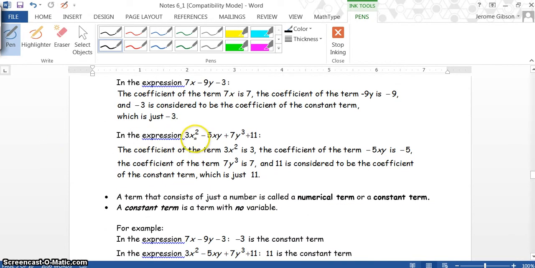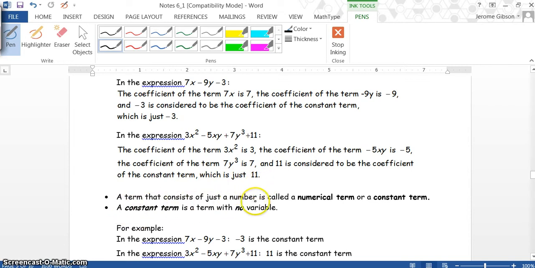In the expression 3x squared minus 5xy plus 7y cubed plus 11, the coefficient of the term 3x squared is 3. The coefficient of the term negative 5xy is negative 5. The coefficient of the term 7y cubed is 7. And 11 is considered to be the coefficient of the constant term, which is just 11.